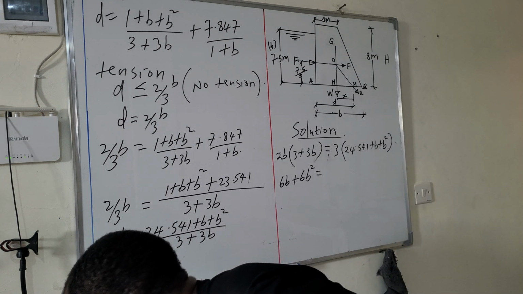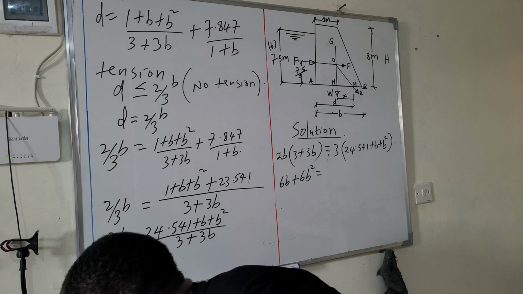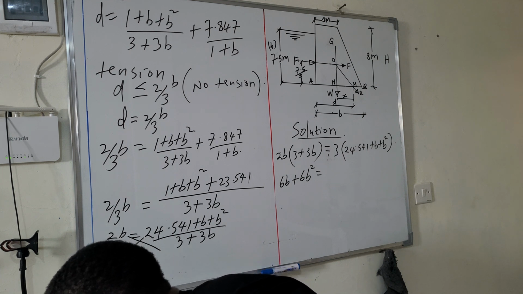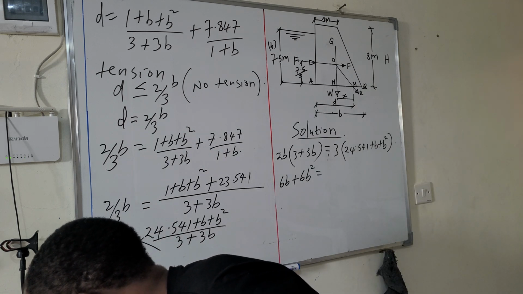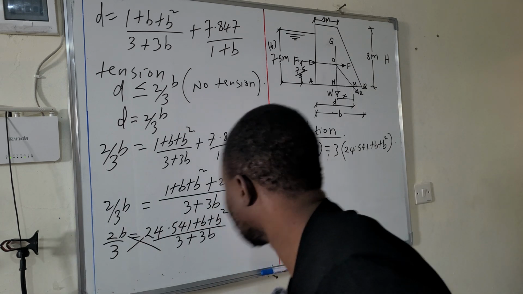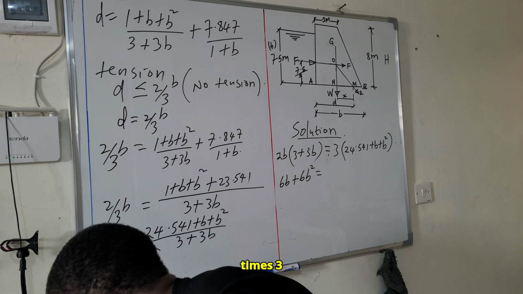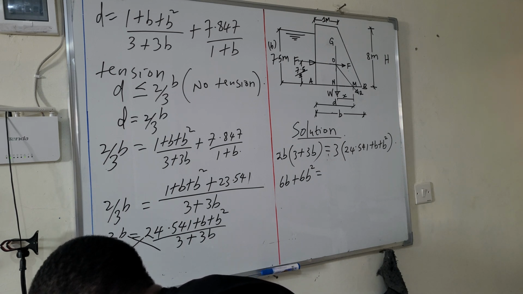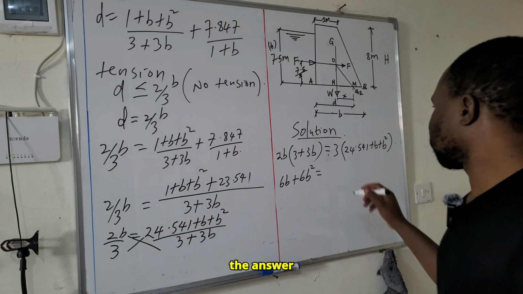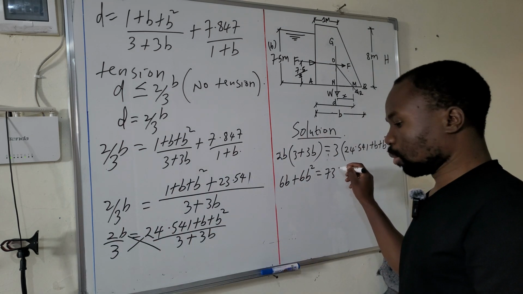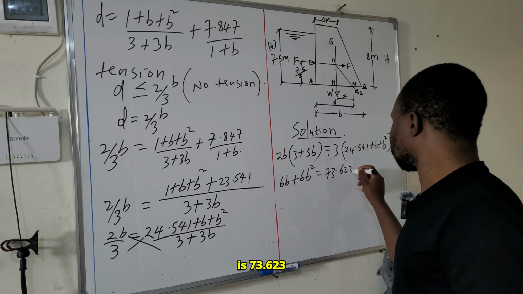Let me do it here. 24.541 times 3, the answer is 73.623.